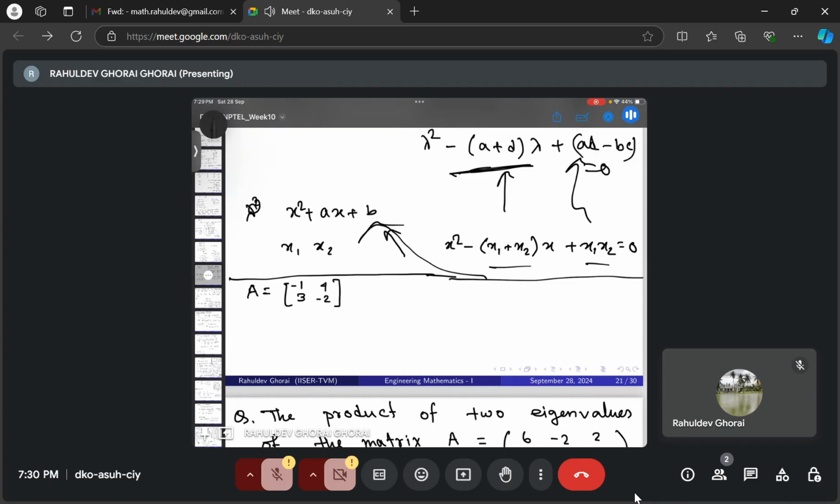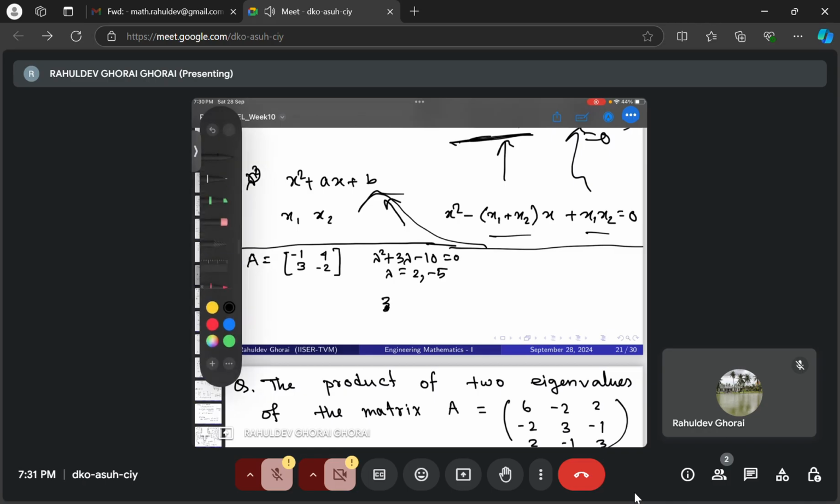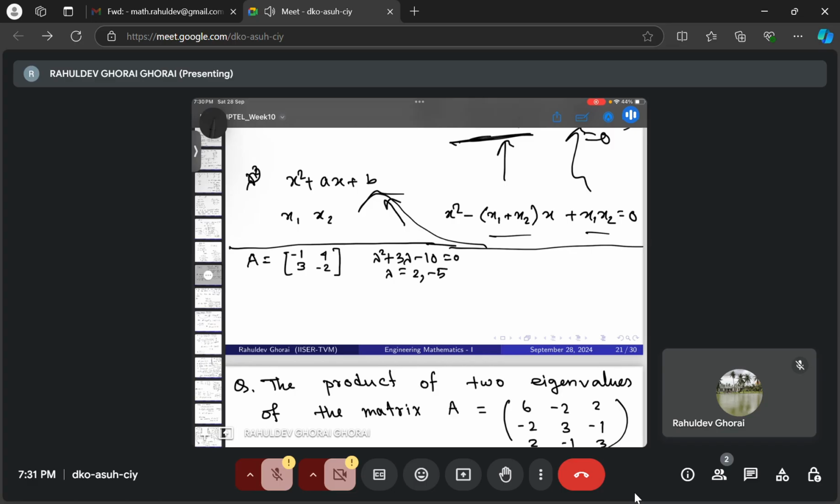So you can show that the characteristic equation will be lambda square plus 3 lambda minus 10 equals 0. And if you solve it, lambda will be 2 and -5, right? So the eigenvectors corresponding to these two, you can find out.